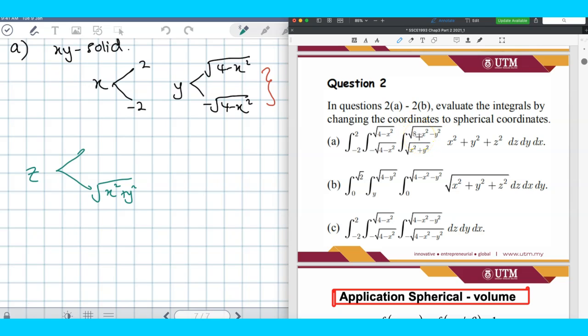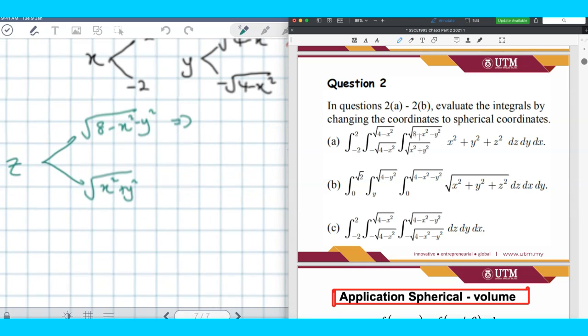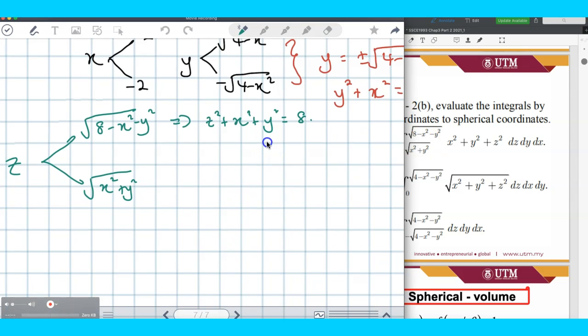Just take a look. z is equal to square root of 8 minus x squared minus y squared. If you're not sure, you have to rearrange, but bear in mind that z is always positive. So z squared plus x squared plus y squared equals 8. So you have a sphere with radius square root 8. This one is a sphere and the other is a cone.